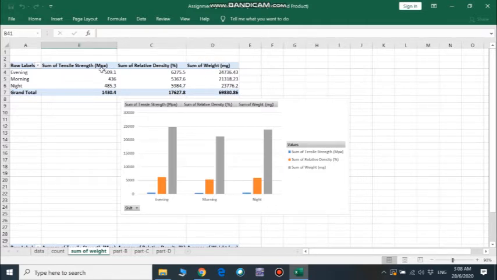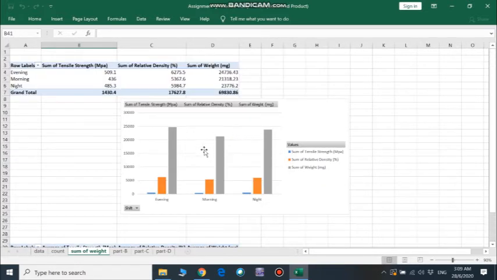As we can see, this is the grand total for the sum of the tensile strength in megapascal, this is the grand total of the sum of the relative density, and this is the grand total of the sum of the weight.